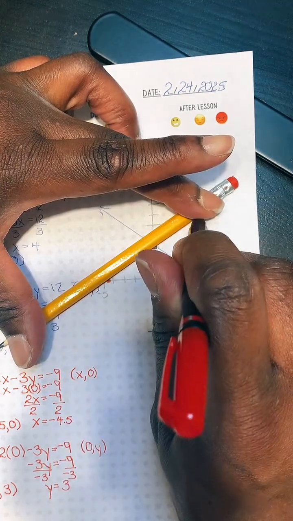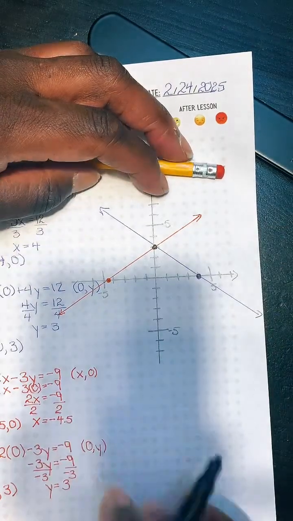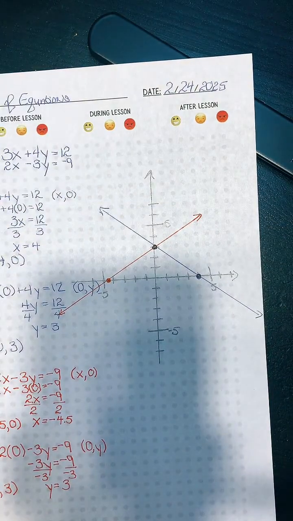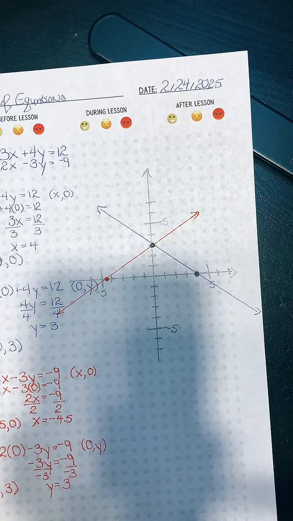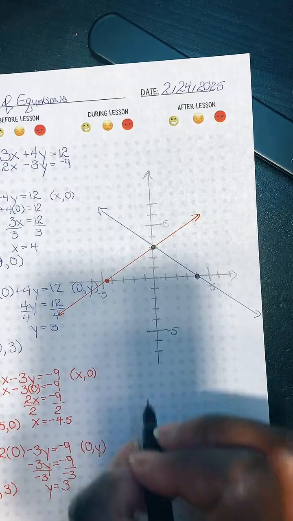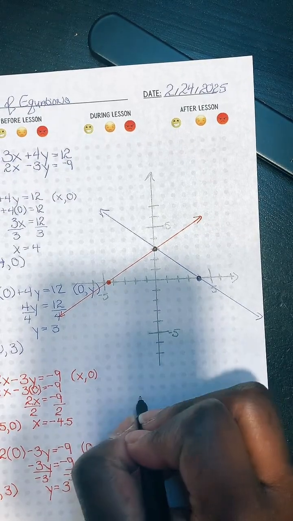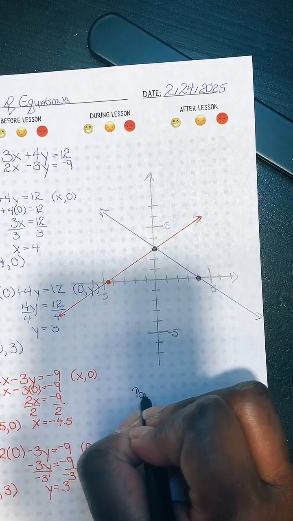So if I draw my lines, notice they have a point of intersection.